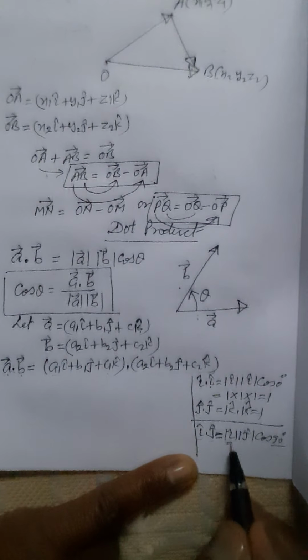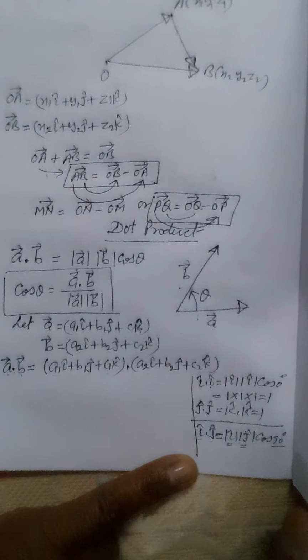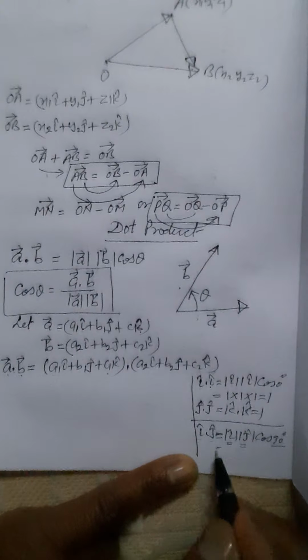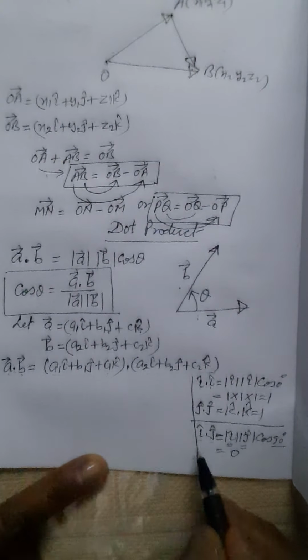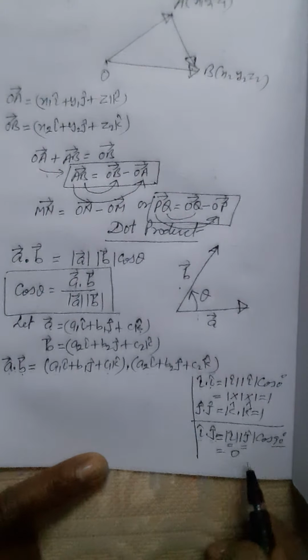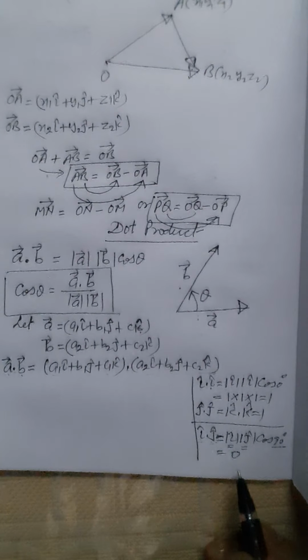One of the directions is x-axis, the other direction is y-axis. So the angle between them is 90 degrees, cos 90 is 0. So i dot j, j dot k and k dot i will be 0.